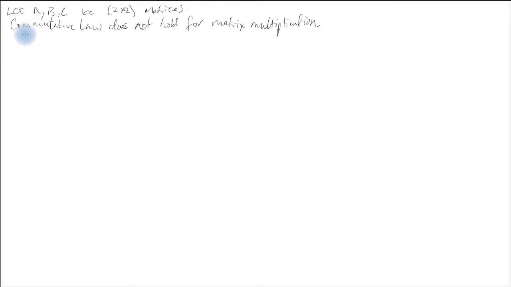That basically says that if we do A times B times C, that does not equal, say, changing around the order, C times B times A, and it also doesn't equal B times A times C, and it also doesn't equal B times C times A. So if you change the order around, then you're going to get a different result for matrix multiplication.